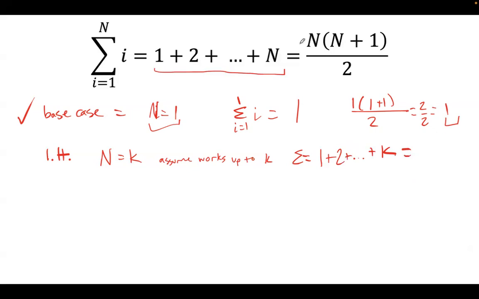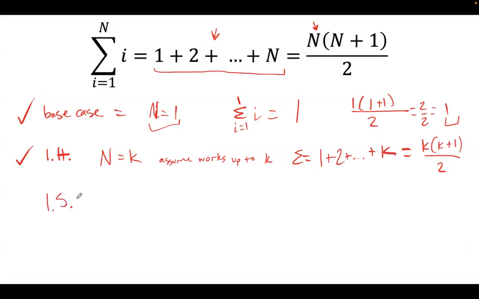And since we're assuming that this long nasty sum is equal to this nice formula, we can say that we've got k times k plus 1 over 2. We're assuming that this works. Inductive hypothesis is done.